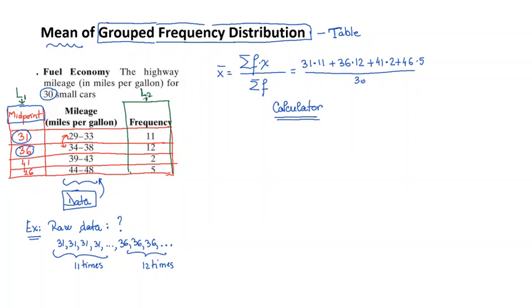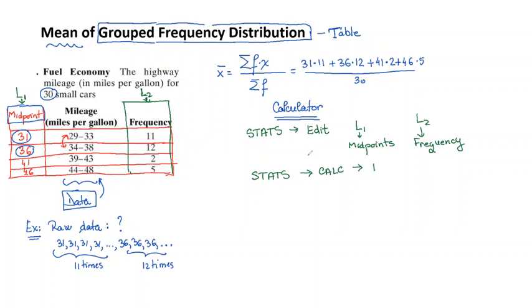We will repeat the process that I just showed you for one list, meaning we will click on stats, edit. In L1, we put the midpoints. In L2, we put the frequency. Then go back to stats and click on calc or use arrows to get to calc.